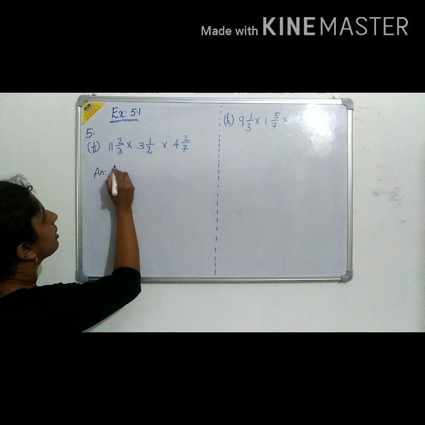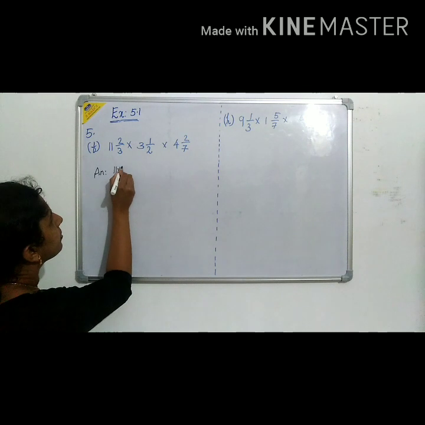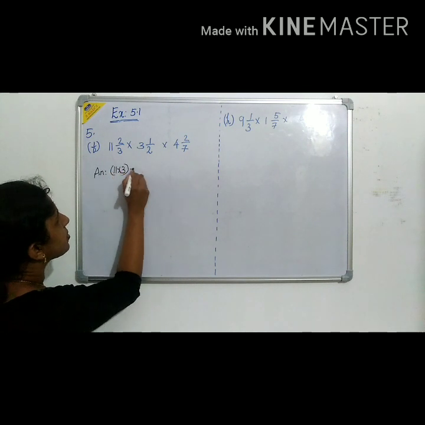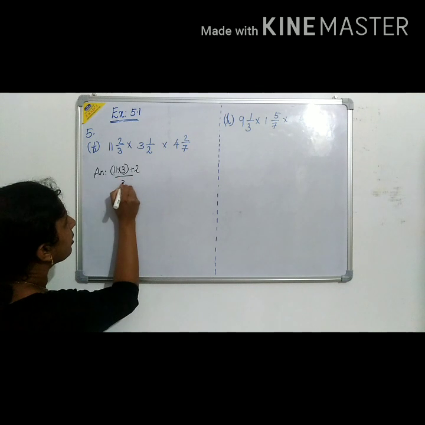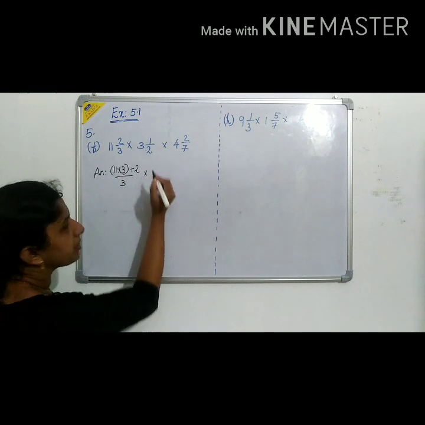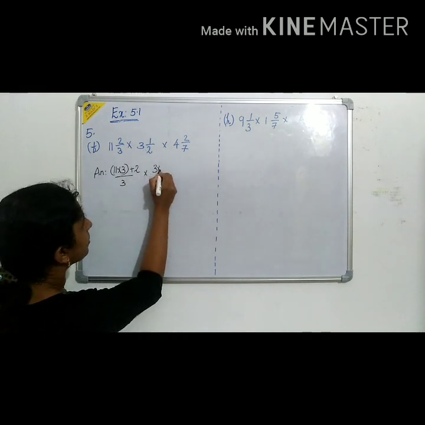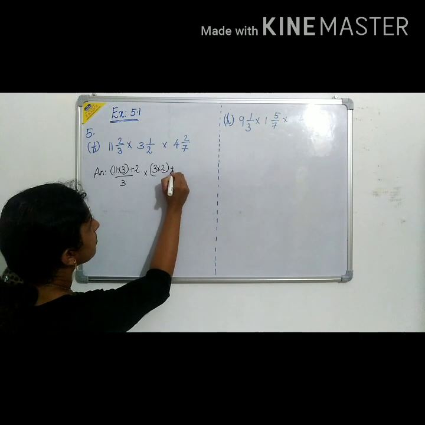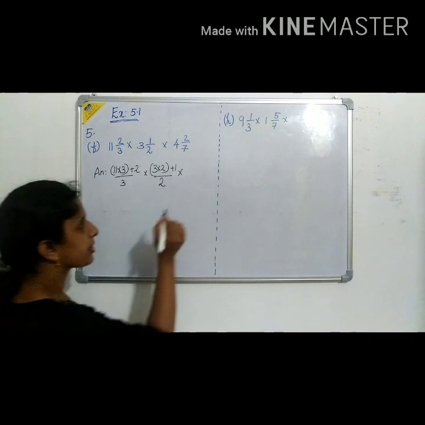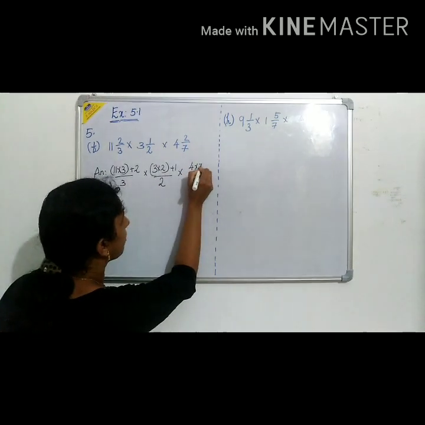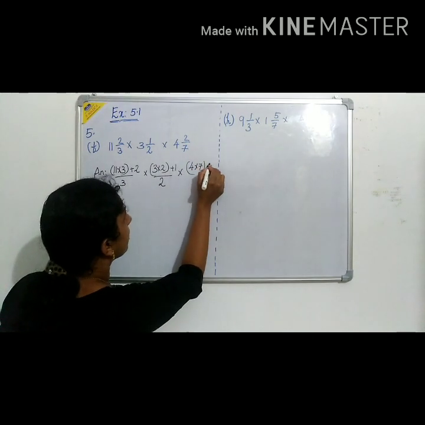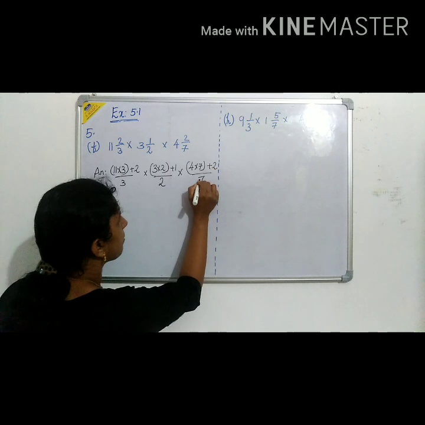First of all 11 into 3 plus 2 by 3, into the second one 3 into 2 plus 1 by 2, into the third mixed fraction 4 into 7 plus 2 by 7.